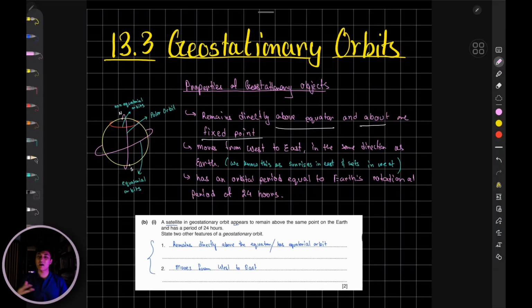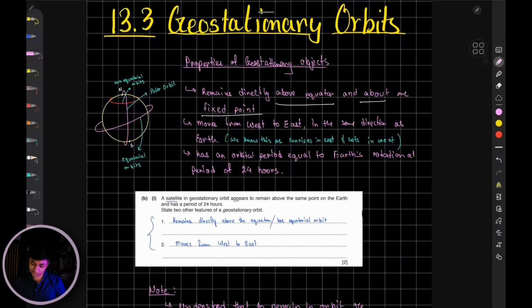So no amount of tracking is required. So it removes the hassle, which is why it gets easier to monitor anything, the weather in a specific region or anything literally. So that is why having a satellite exactly above a fixed point is helpful, right?